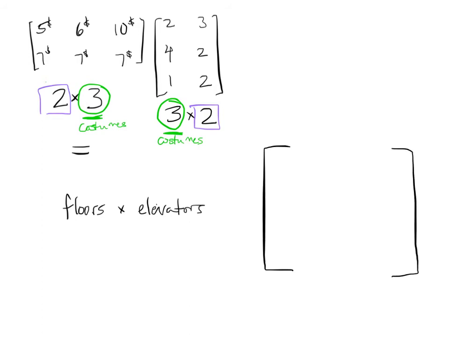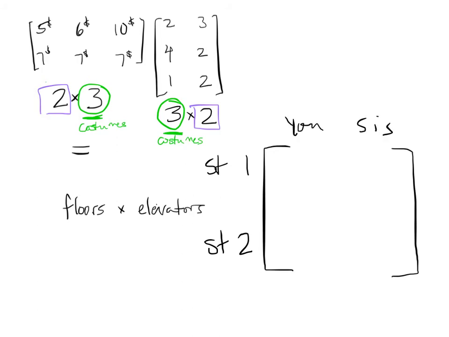So remember, if the 3 and the 3 talk to each other, they go away. What we're left with is the 2 and the 2. Specifically, we're going to have store 1, store 2, and then you and your sister.